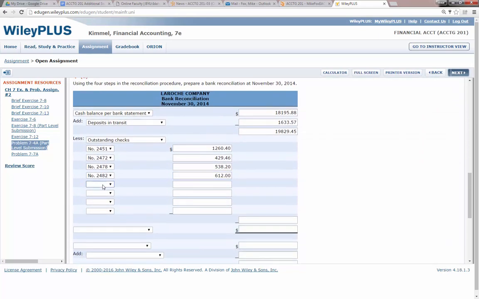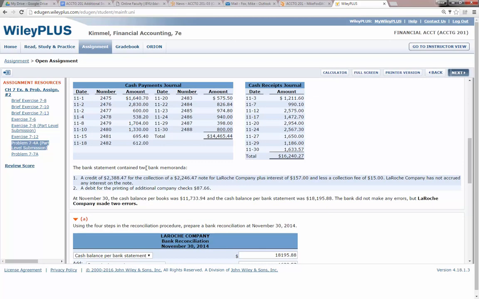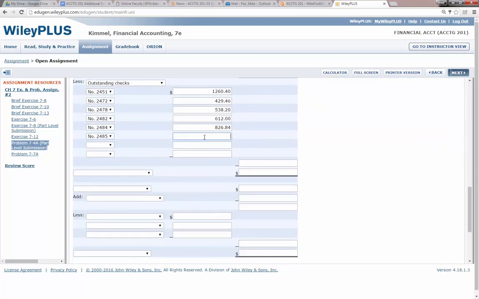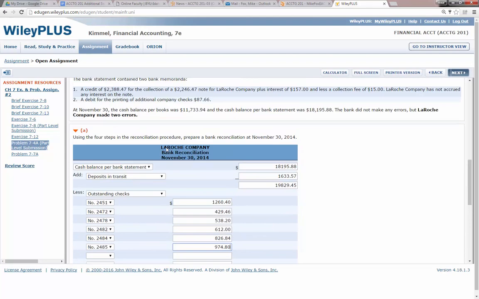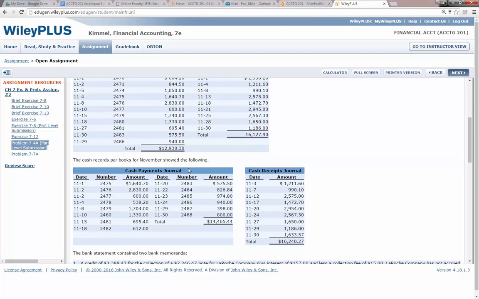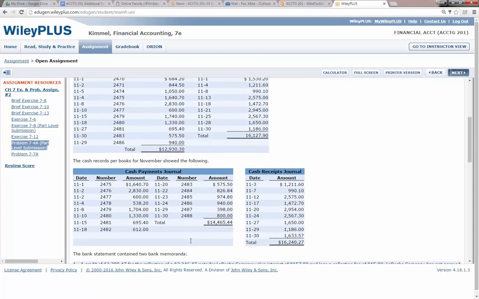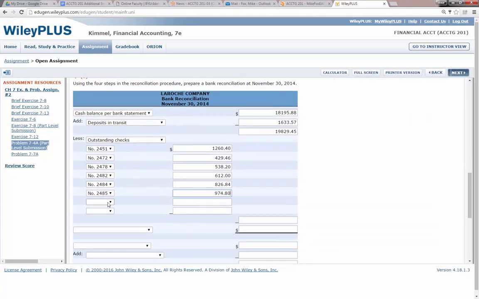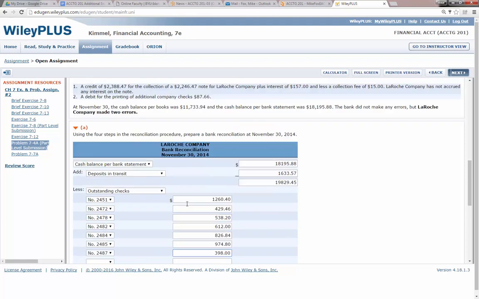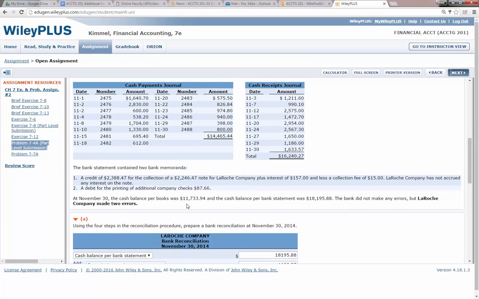2484 for $826.84. And 2485 for $974.80. Let's see, 2486, that did clear. 2487 and 2488 have not, so they're both outstanding checks as well. 2487 for $398 and 2488 for $800.